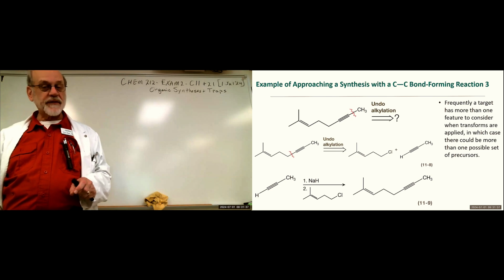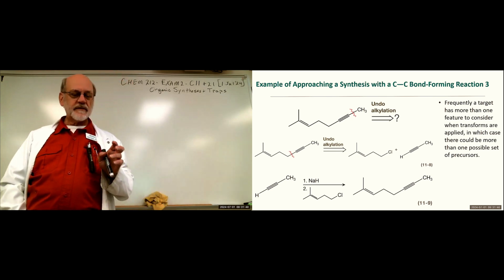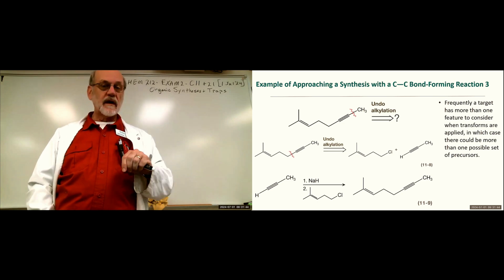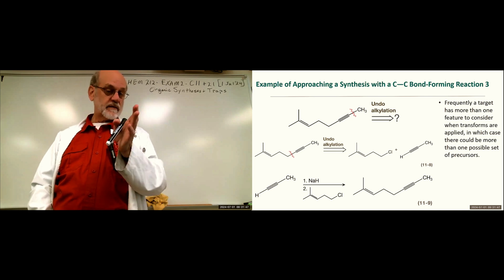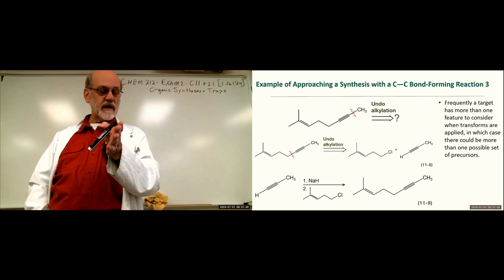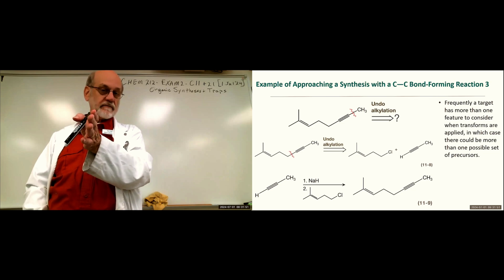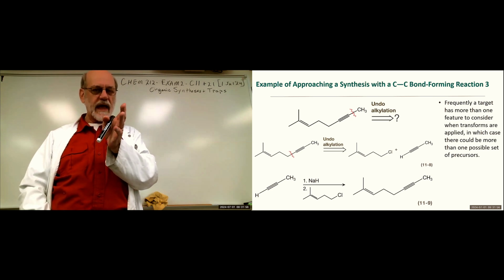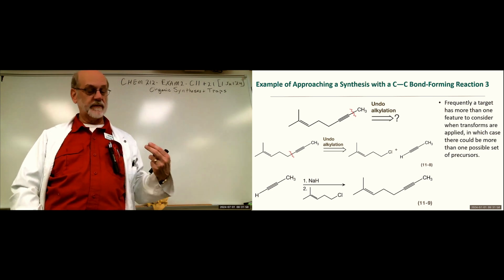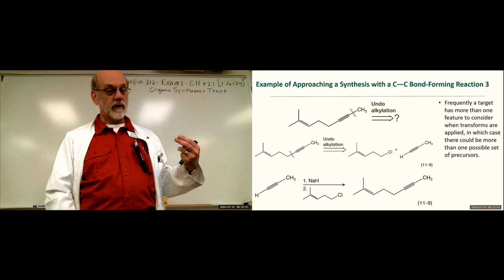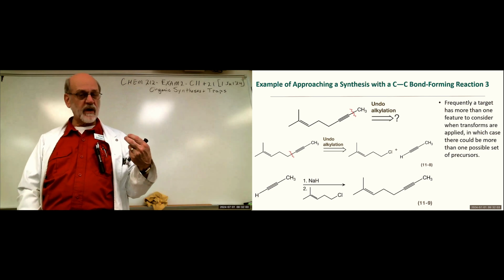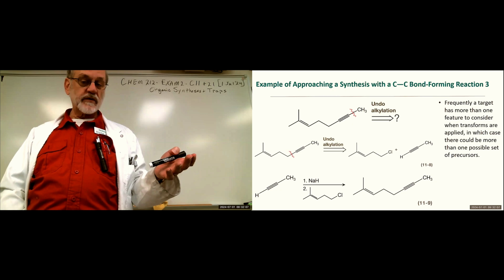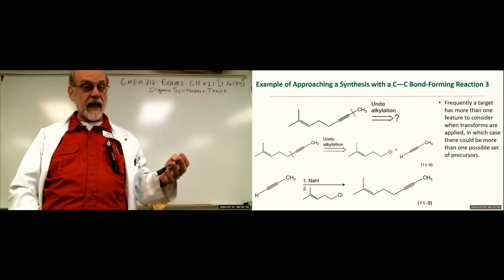What that means is if we want to form that compound at the top, we could break the bond on the alpha side of the alkyne, and then our added carbon would only be a methyl group. Or we could break the bond on the other side of the alkyne, and then our precursor would have to be some alkyne.